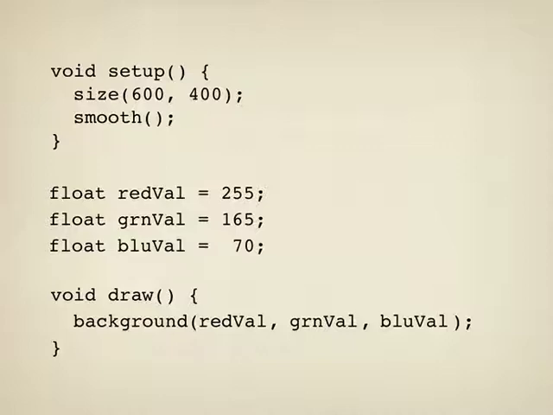Suppose that you were looking at draw and you didn't see the assignment lines immediately above. All you can see is the call to background that uses red val, green val, and blue val. And you would ask yourself, naturally, are these local or global variables? In some programming environments, you can find out just by hovering your mouse over one of the variables, and it will basically let you know one way or another if it's a local or a global.